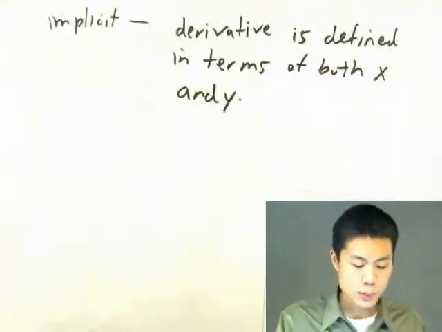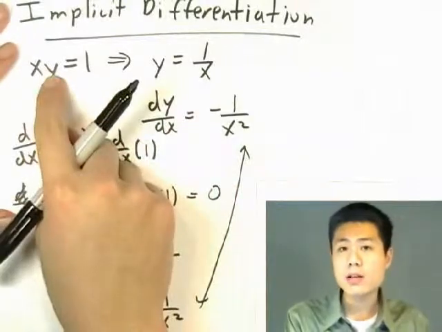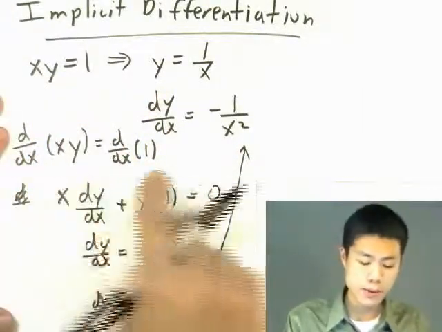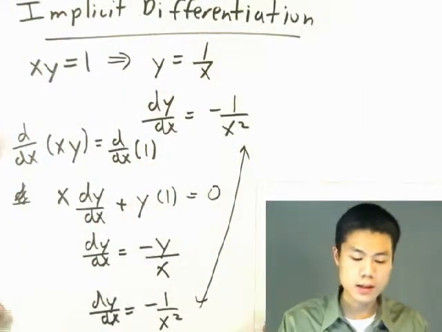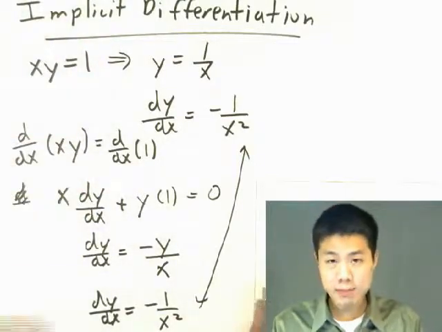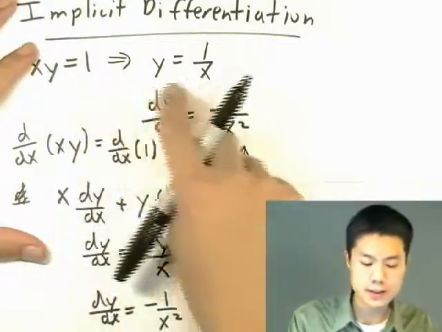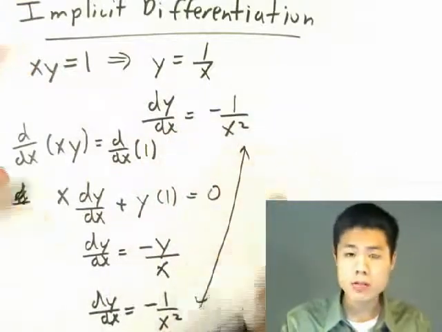See here, we did not bother to solve for y before taking the derivative. We just took it, and we did that. On the other hand, explicit differentiation means that you first solve for y, and then you take the derivative.